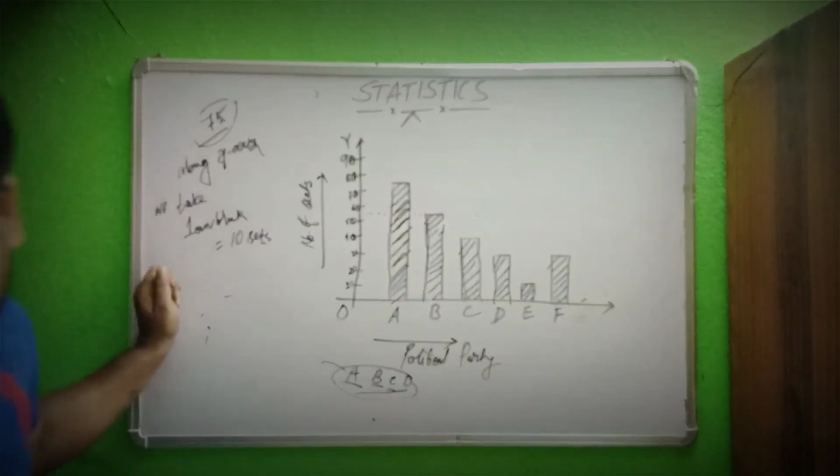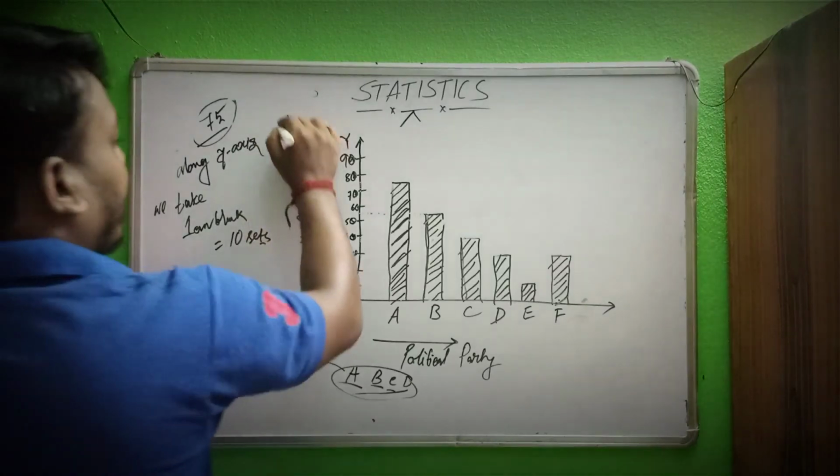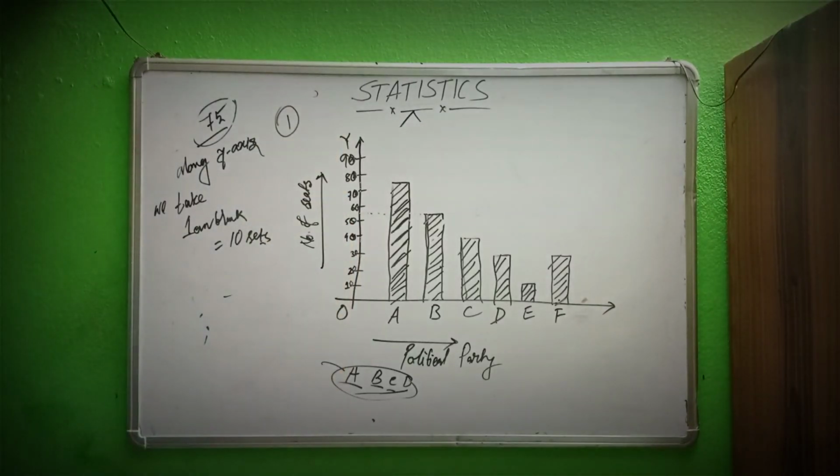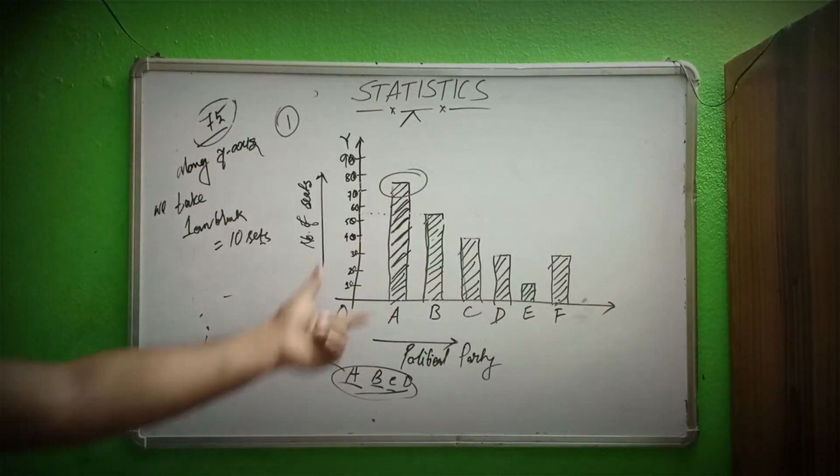So what is the question? The first question is to draw a bar graph to represent the following results. So it is the bar graph. So it is the answer of question number one. Question number two: which political party won the maximum number of seats? So the maximum is this one. By seeing the bar graph you can directly tell.